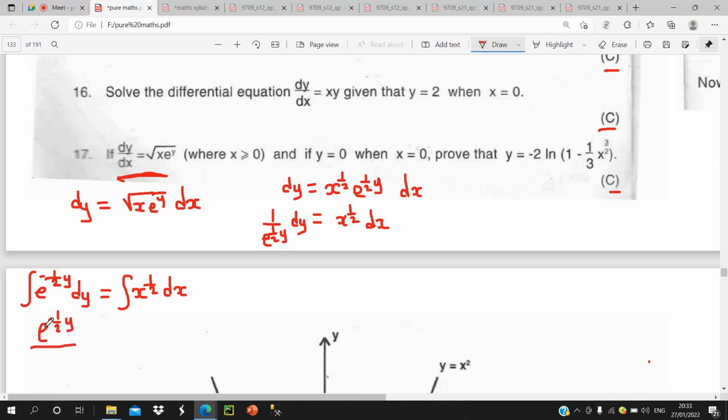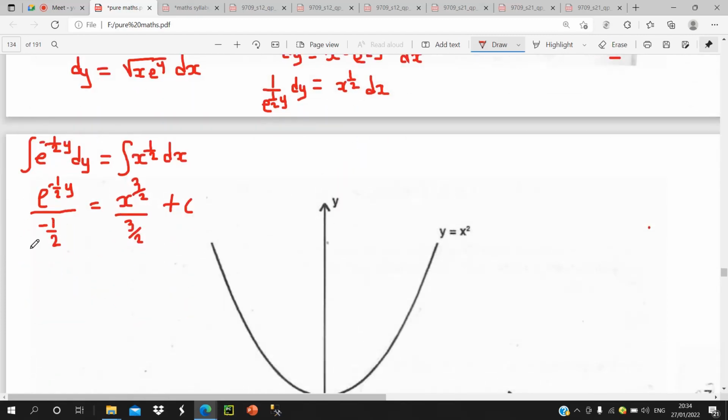Then you divide by the derivative of the power, which is minus half, right? Yes. Then we have what? Here to this side is x to the power of what? 3 over 2 divided by 3 over 2, right? Yes. Then plus what? C. But it's not in a proper way.